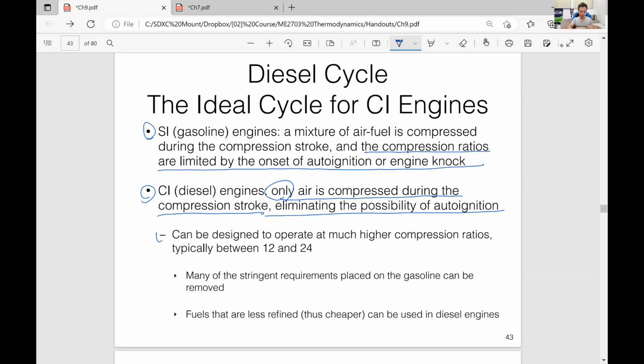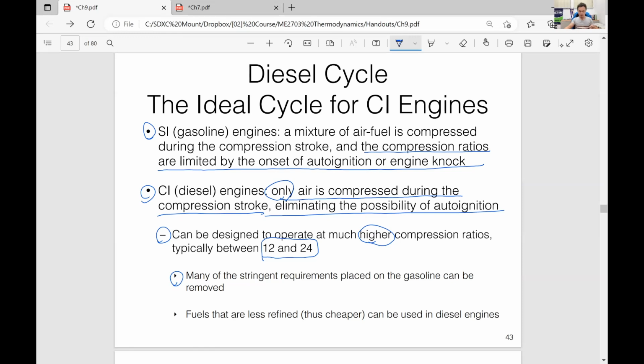Usually a CI engine can be designed to operate at much higher compression ratios, meaning higher than the SI engines. Typically the compression ratio for a CI engine is between 12 and 24.